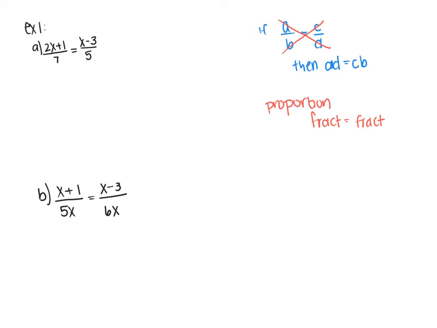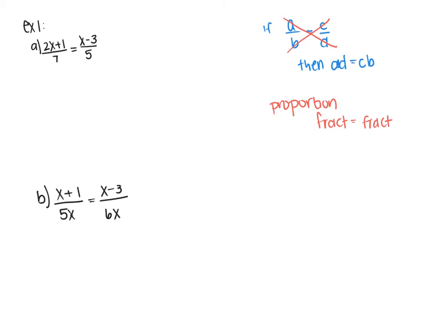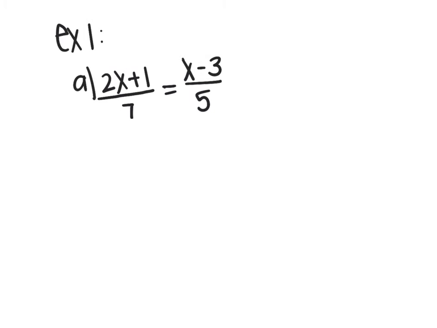This is probably the easiest way to get an answer, if you have two fractions equal to each other, to cross multiply. So in example 1, we've got 2x plus 1 over 7 and x minus 3 over 5. Now, because I have a fraction equal to a fraction, I'm going to go ahead and cross multiply.